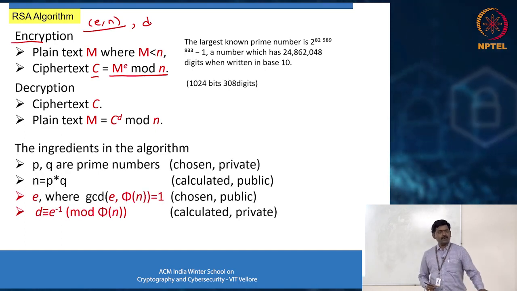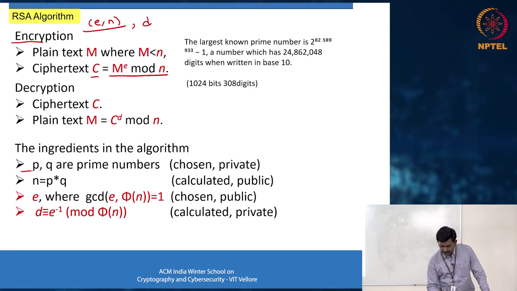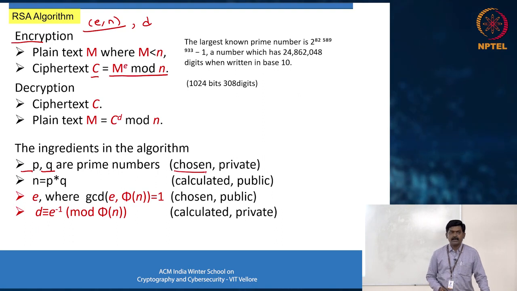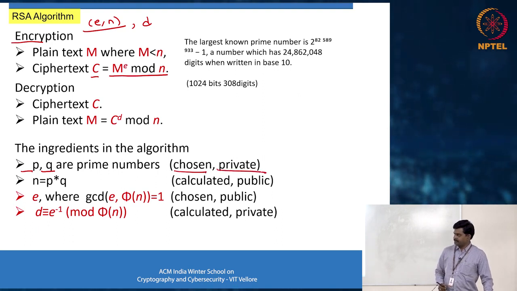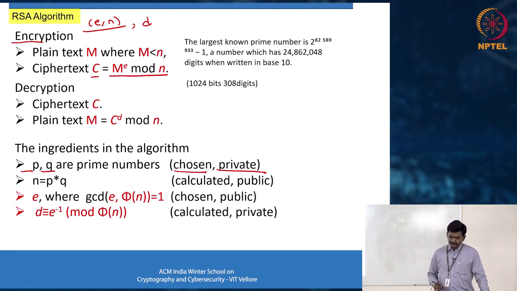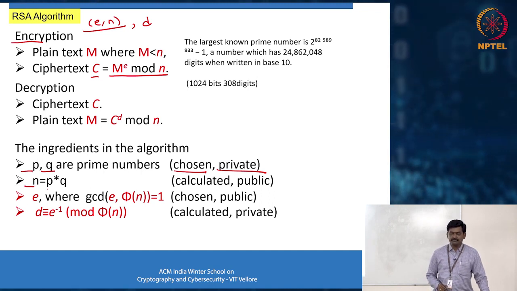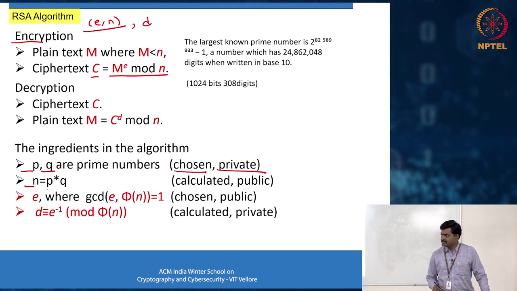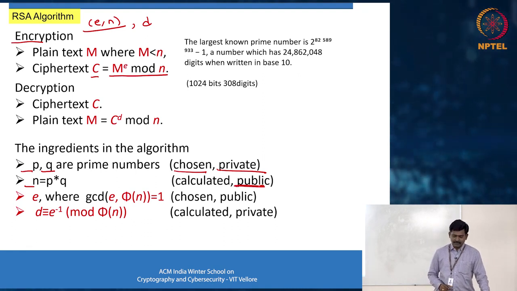If you look at the whole set of ingredients of the algorithm, initially the p value and q value are prime numbers. They are chosen by the individual and they are kept private. Are they made available anywhere? No. Now, you calculated the product of these prime numbers and called it n, and you made it public.